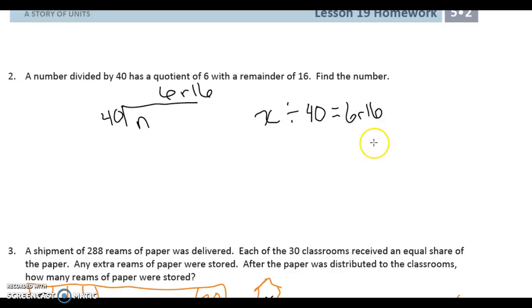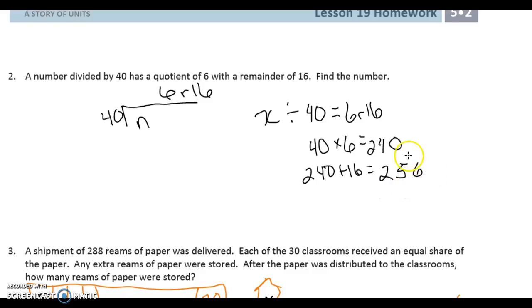And when we checked it, you remember what we were doing? We were multiplying these two. So we'd say our divisor times that. 6 times 0, 0. 6 times 4 is 24. And then we take that much and we add our remainder, remember? 240 plus 16. 6 and 0 is 6. 1 and 4 is 5. And we have no other hundreds, just that. So that tells us right there what x is equal to.